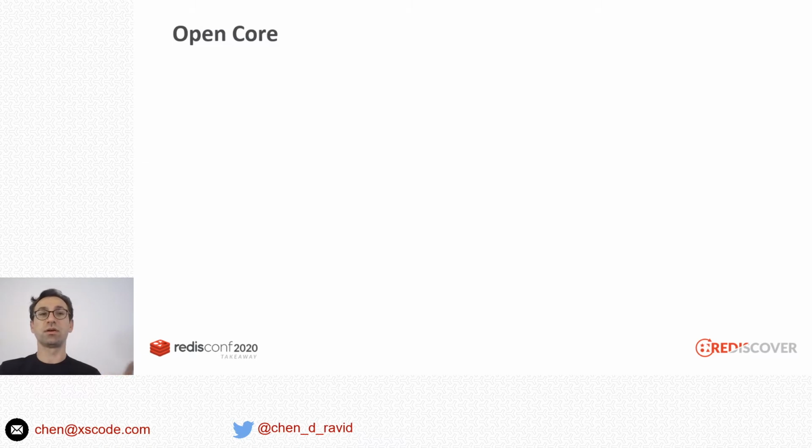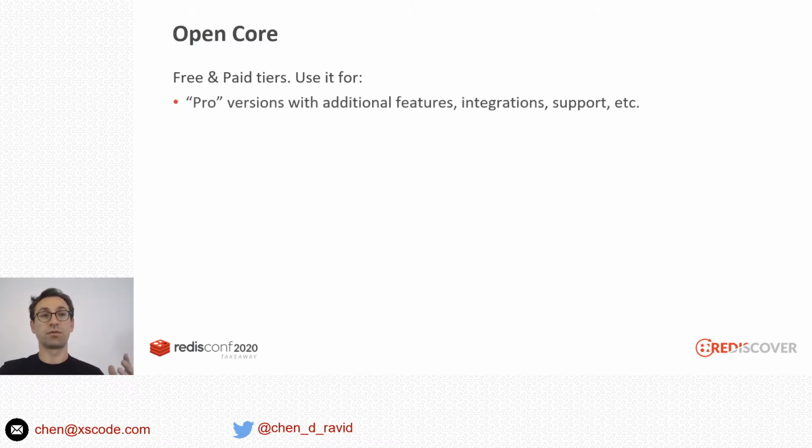The open core model is another great way of offering code. The guys at Redis did something similar, but you don't need to go to the lengths of commercialization to do it. Open core basically means that you have a free and paid tier, a free version and a paid version. Usually developers use that for offering a pro version with more features, more functionality, integration to other third parties, plugins, more support, etc. I've also seen an original use for that: using the paid version as the version that is more frequently updated.